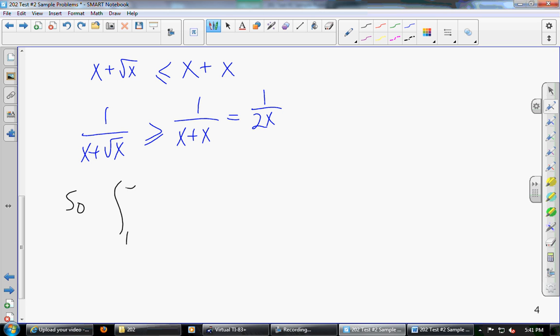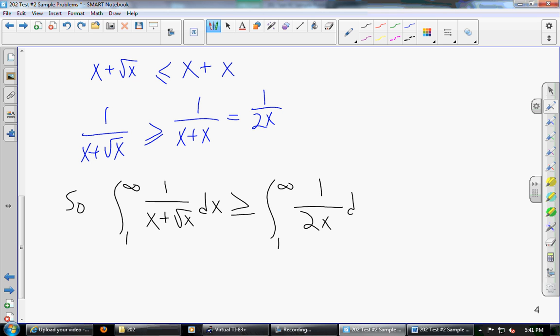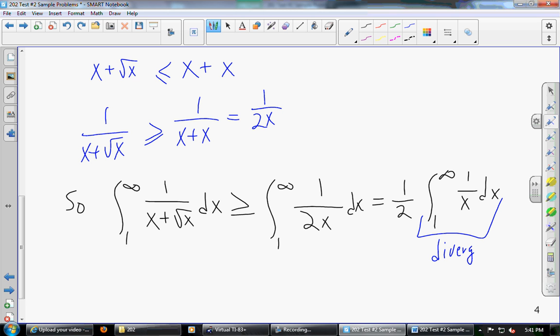So here's what we have. The integral in question, the original one, according to what we just wrote, is definitely bigger than or equal to the integral of 1 over 2x. Let's get that 2 out in the front. It's a half. And this integral right here diverges. That is a fact. We can just quote it from the book. It's the same thing we wrote up above.